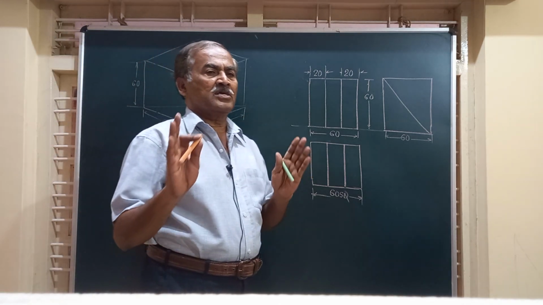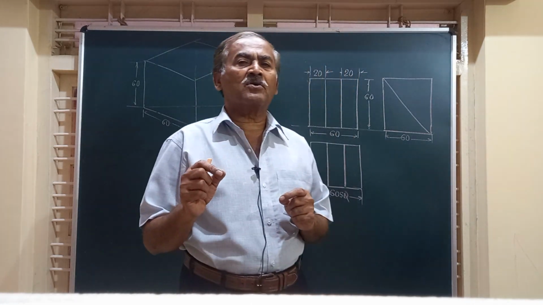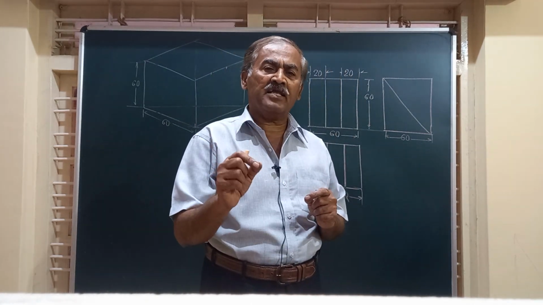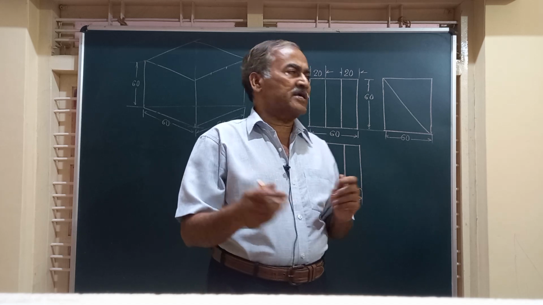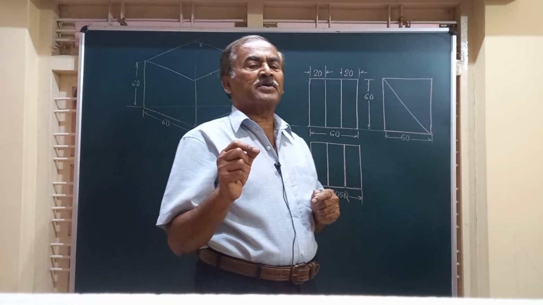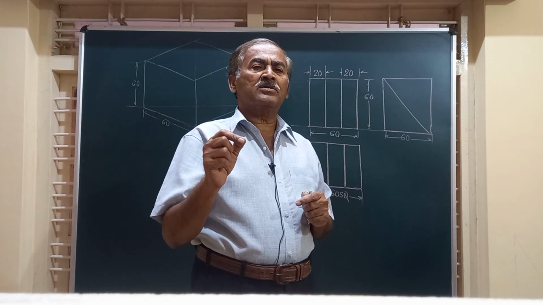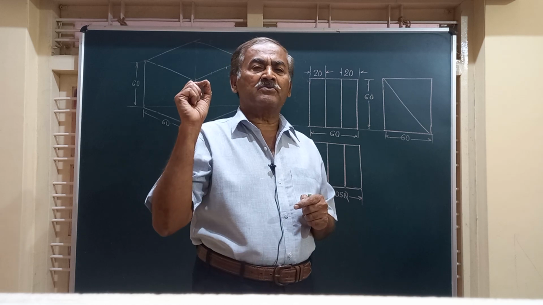Remember friends, in isometric projection, we are going to make use of the isometric scale, and whatever dimensions you have got here are to be multiplied by 0.815.